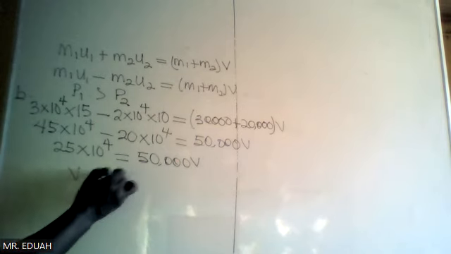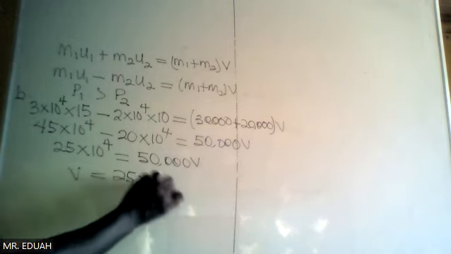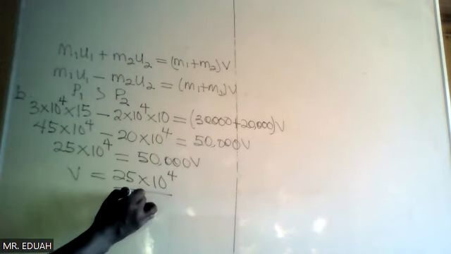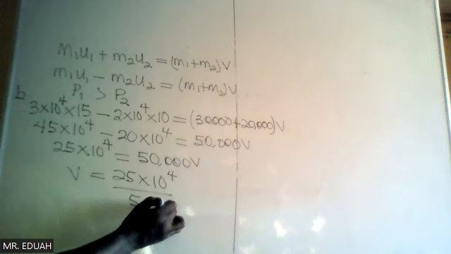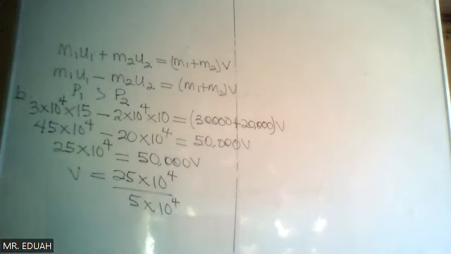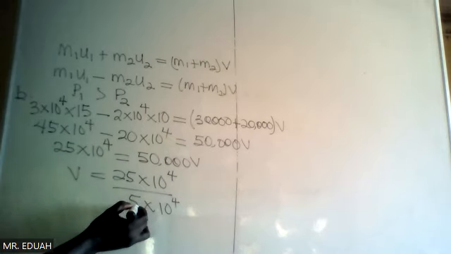Therefore, V is equal to 25 times 10 to the power 4 divided by 5 times 10 to the power 4. So what's the final answer? 5 meters per second.